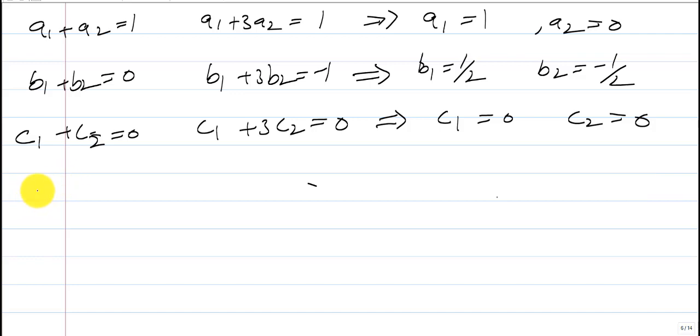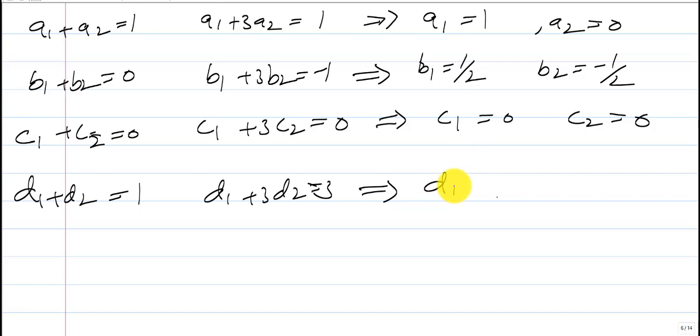Similarly d1 plus d2 is equal to 1, and d1 plus 3d2 is equal to 3. Solving these two equations, we get d1 equals 0 and d2 equals 1.